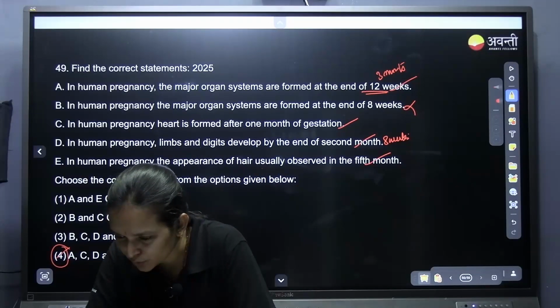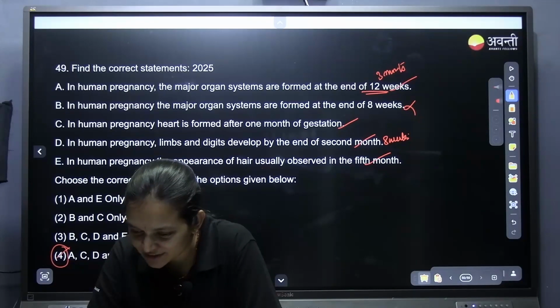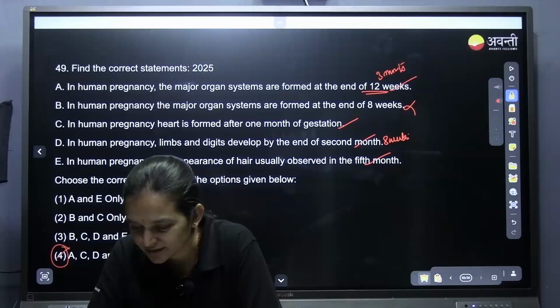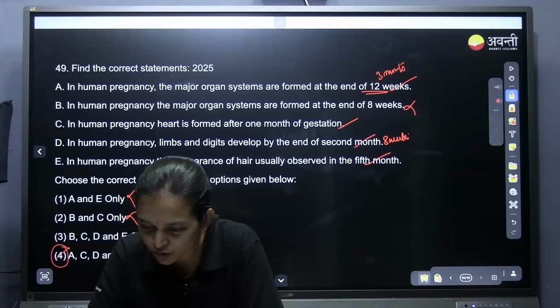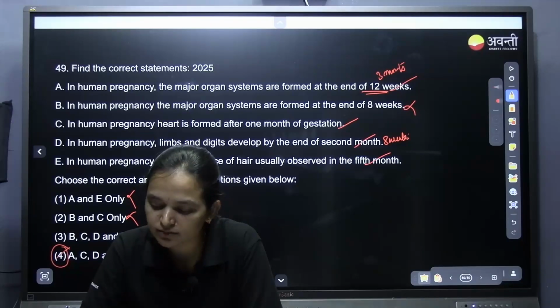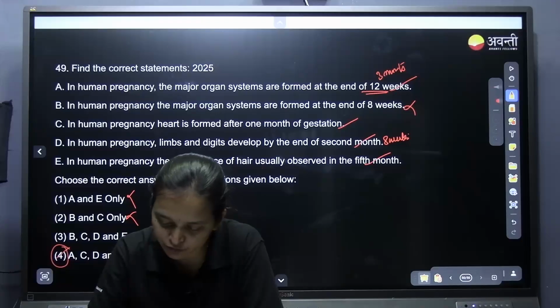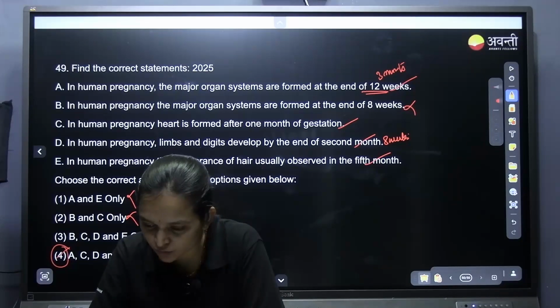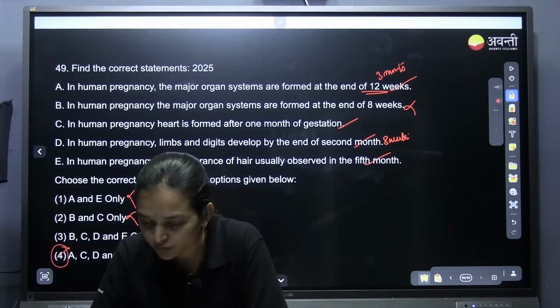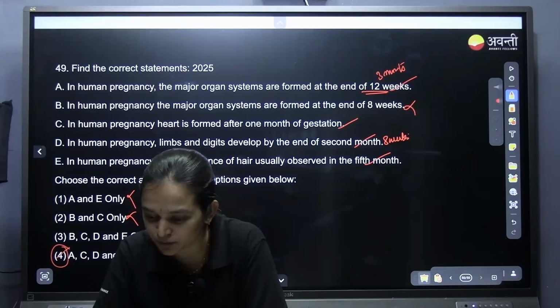Ovulation is the release of ovum or secondary oocyte. Actually, it is a release of secondary oocyte. What do you call ovum? After the completion of meiosis 2, that is ovum, the one which fuses with the sperm.